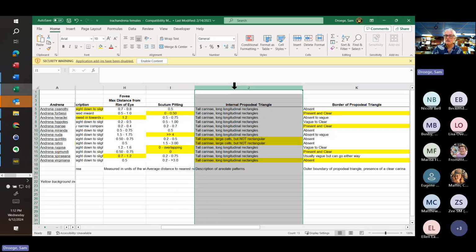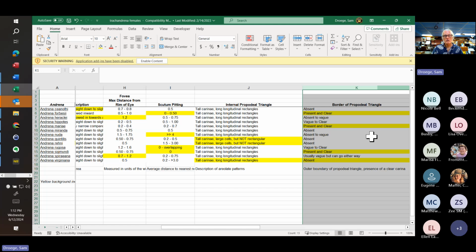Here's the characteristics of the internal triangle. So that's the propodial triangle there. Rectangular versus not rectangular cellular structure between those tall striations. Border of the triangle. So sometimes on the triangle itself, there are very clear raised lines, very sharp demarcation from the internal part of the triangle and then the exterior.